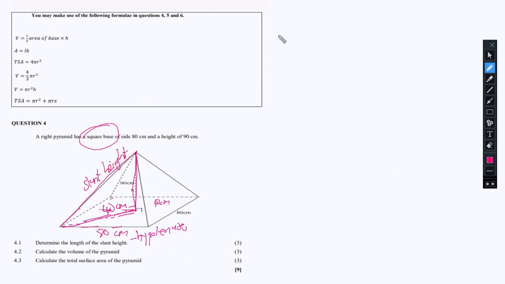And then 4.1, we are going to say the slant height squared is equal to 40 squared plus the perpendicular height, 90 squared. Then when you punch all that into your calculator, remember you need to put it in the square root.